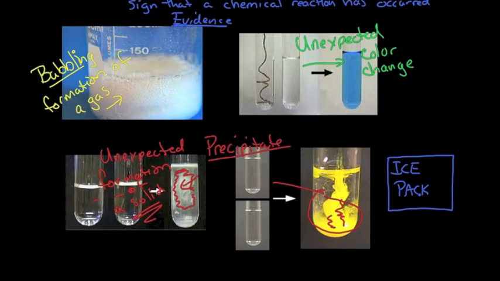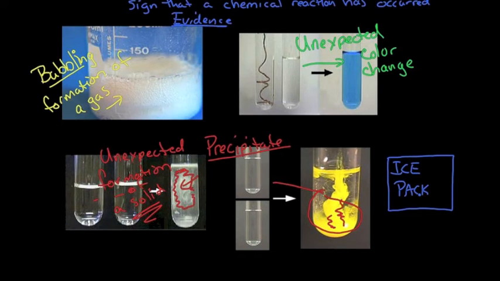Sometimes they have these little bags inside the medical kits, and inside those bags there's a solid crystal and there's a liquid, and the liquid's held in a pouch. And when you smack the bag together, you break that liquid, and when it mixes with those solid crystals or solid substance inside the ice pack, it causes the temperature of the ice pack to change. So unexpected temperature change as well.